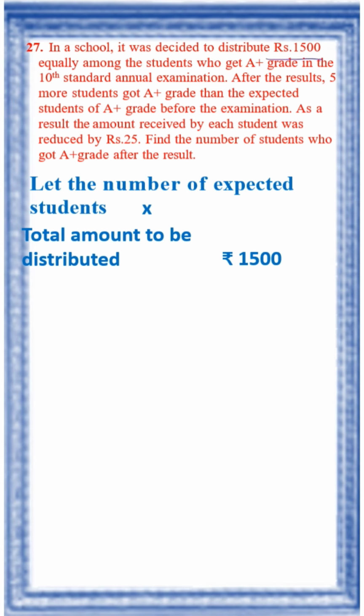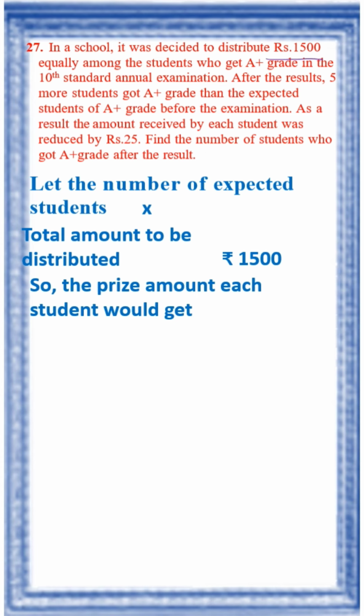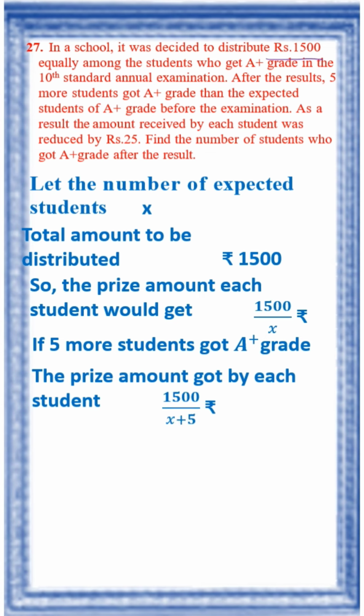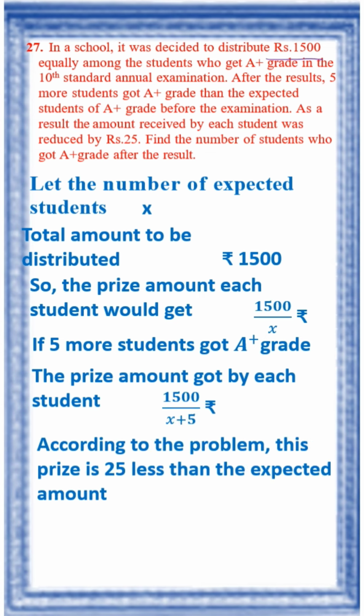So each student would get 1500 upon x rupees. If 5 more students got A plus grade, then the prize amount got by each student is 1500 by x plus 5 rupees.